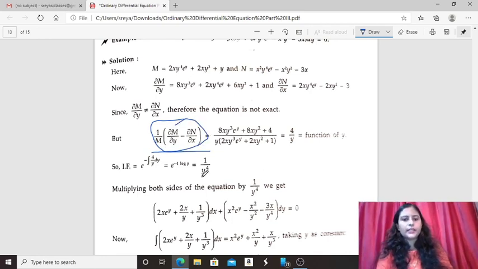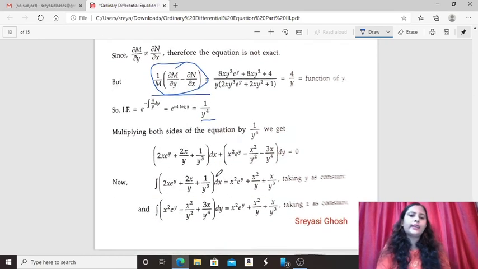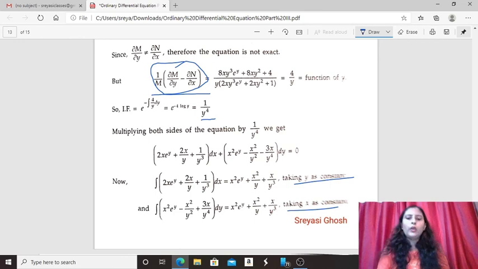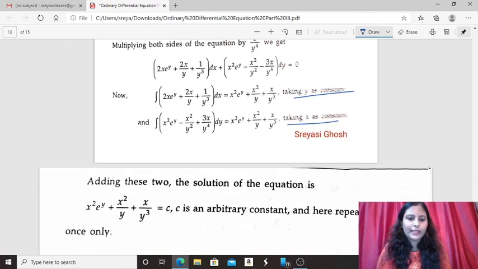Here also you can see that 1 by y to the power 4 is the integrating factor. Again, multiplying both the sides of the equation by 1 by y to the power 4, and considering either y as constant for the first and taking x as constant in the second, and only considering the terms which are not common, eradicating the common terms, taking them just one time only.